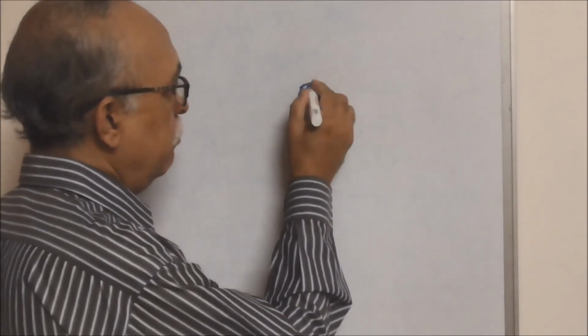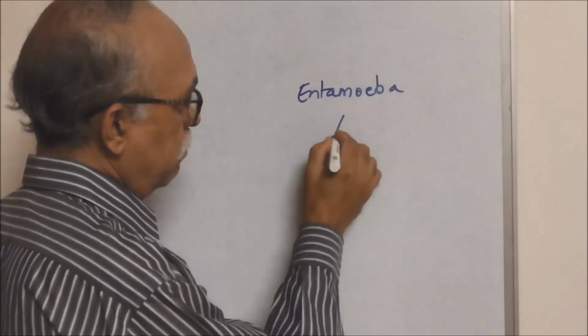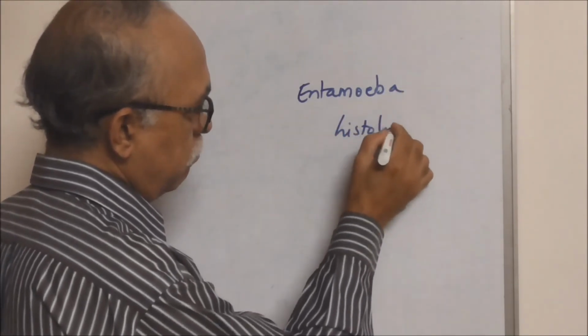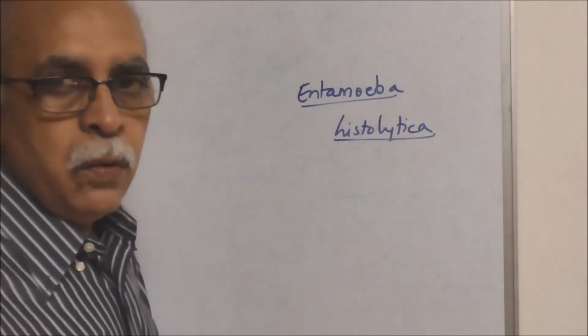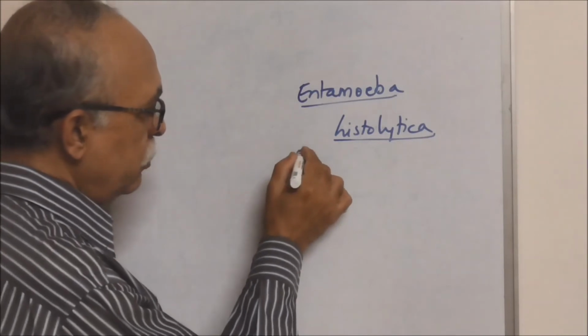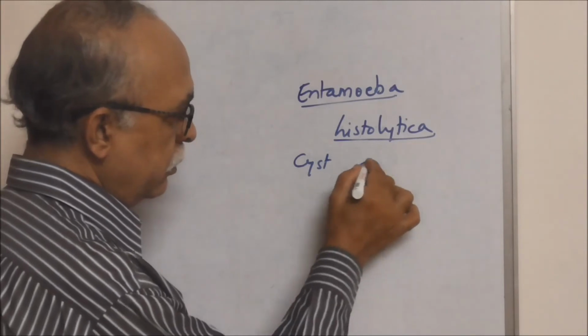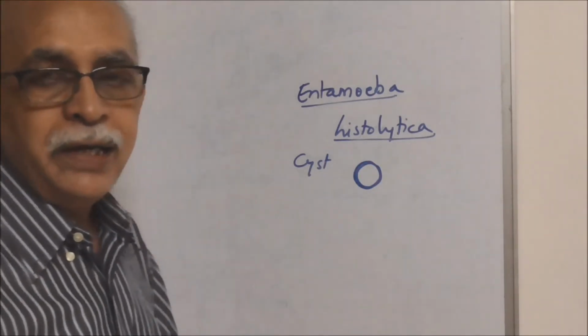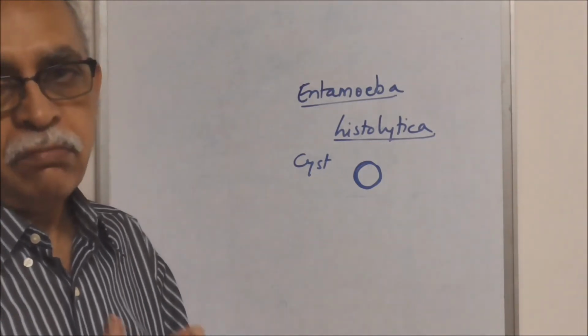Actually, it stays in the intestine, but when it enters the body, it is generally in the form of a cyst, a highly protective covering that it is provided with, and inside the cyst would be either one or more amoeboid organisms, Entamoeba.